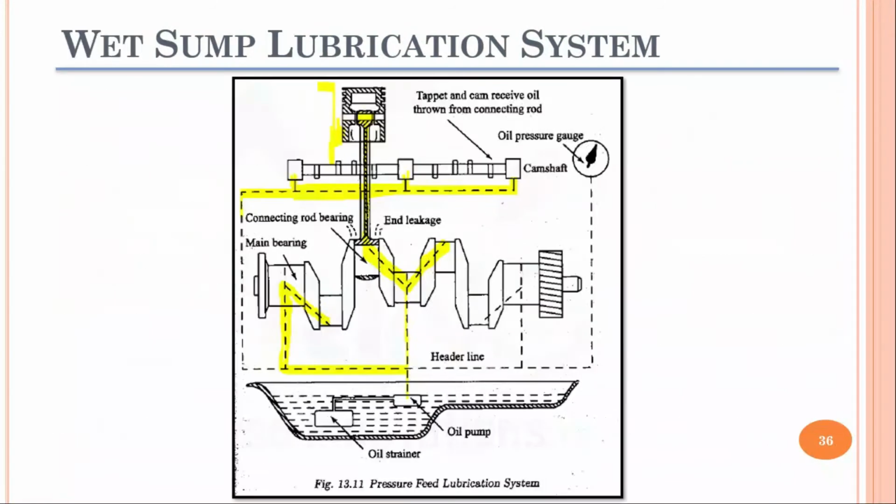I hope it is understandable to all of you. I will show you the video regarding these lubrication systems by the end of this lecture. So in case someone still does not have a clear concept regarding it, they will be able to understand it by the end of this video.